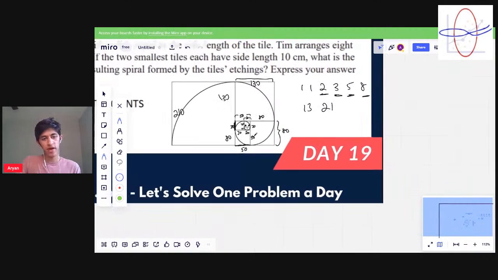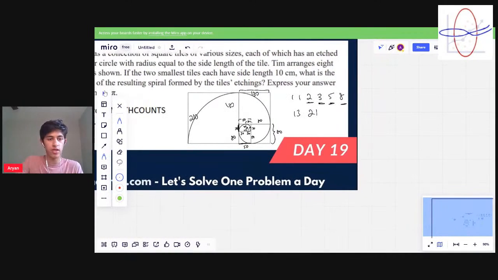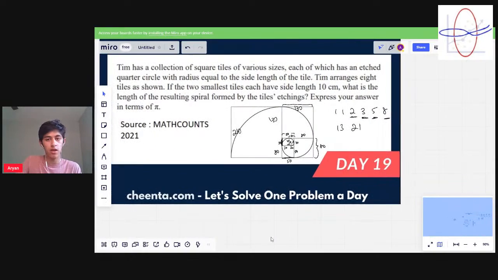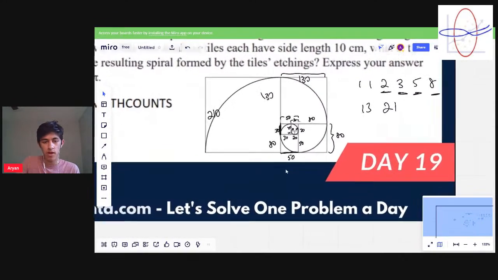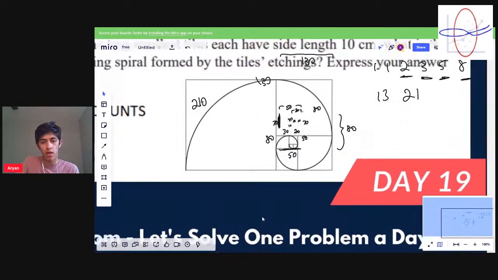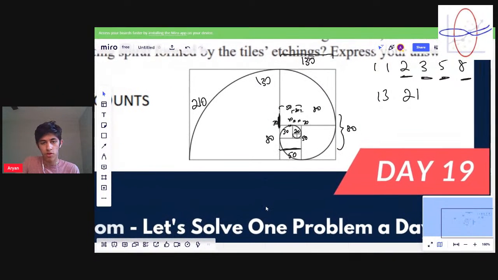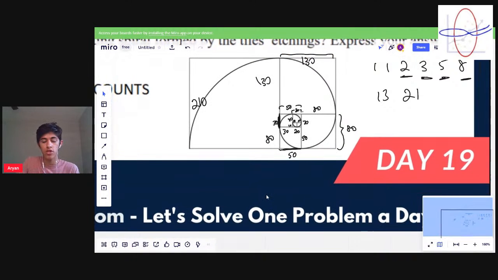Okay, but anyway, now that we have this, what is the question asking? We're asked to find the length of the resulting spiral. The length of the spiral, we're going to find just by looking at each individual arc and then adding it all up at the end.